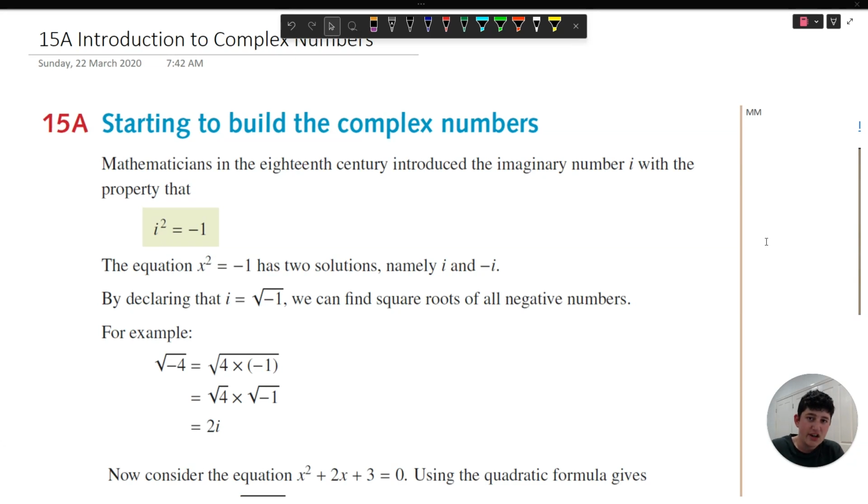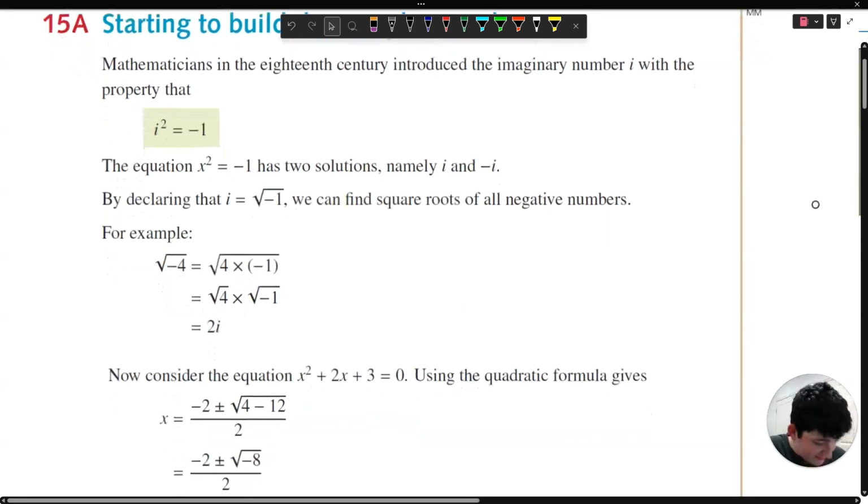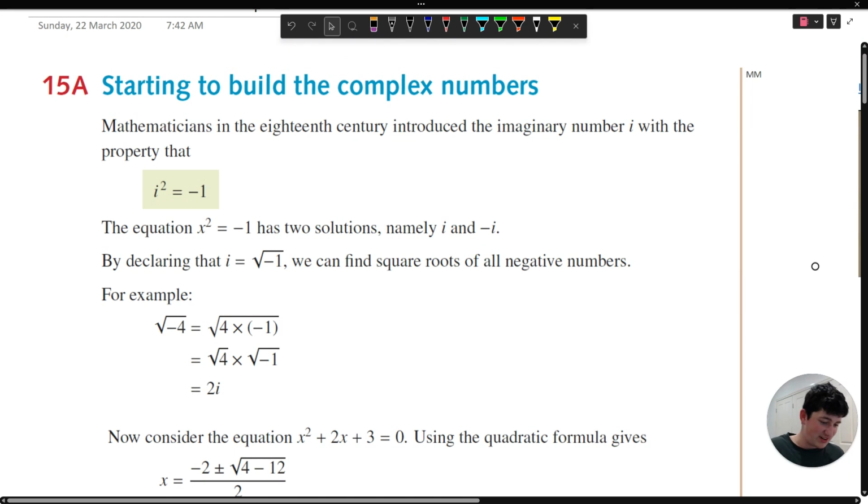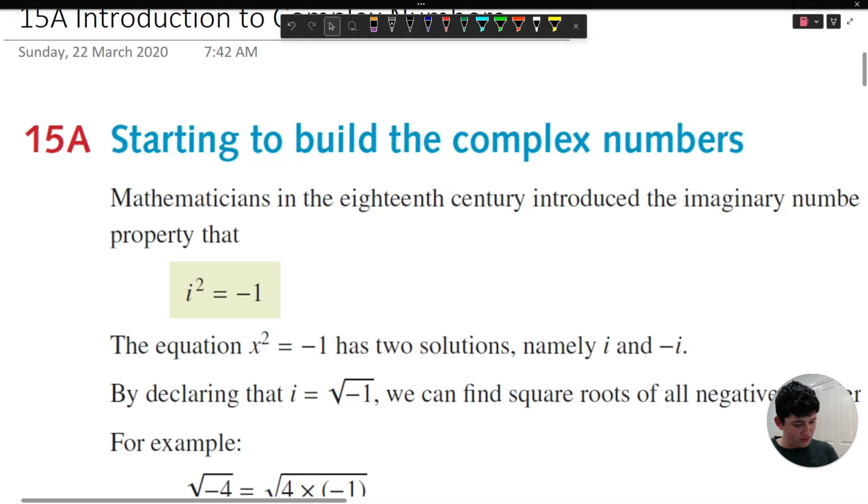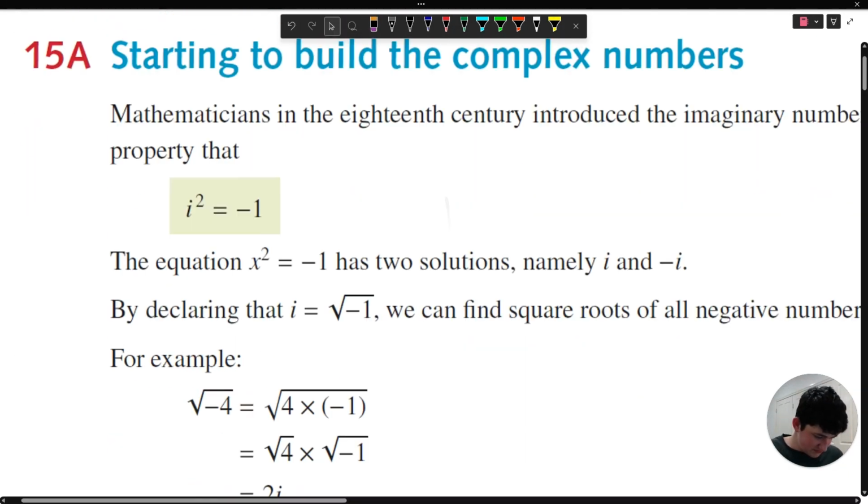Okay, today we're starting the complex numbers unit of specialist mathematics for the QCAA curriculum. But let's be honest, you need to learn complex numbers. This is the first lesson.